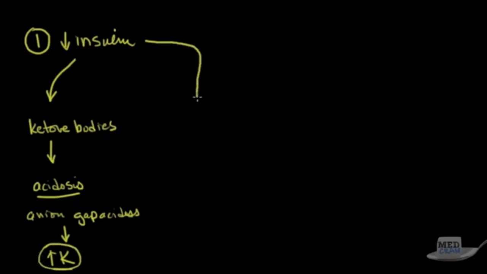Now, decreased insulin also leads to high glucose. High glucose is going to lead to dehydration. And why is it going to do that? Well, because the glucose levels become so high that they exceed the reabsorption threshold in the kidneys.